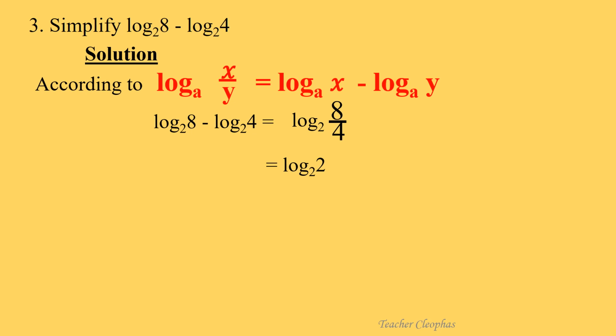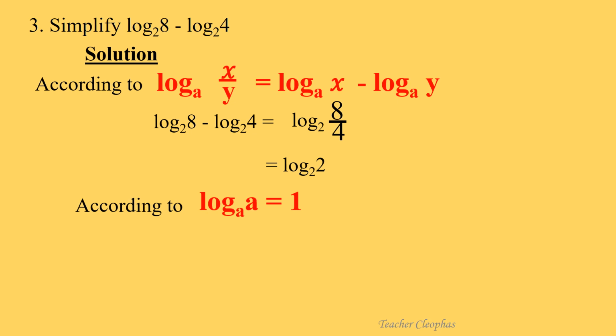Now this can further be simplified, and we have to use the law of logarithms that states that the logarithm of a to the same base a equals 1, or in general, any logarithm of a number to the same base is 1.